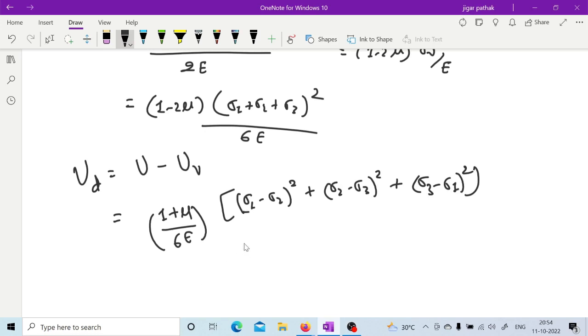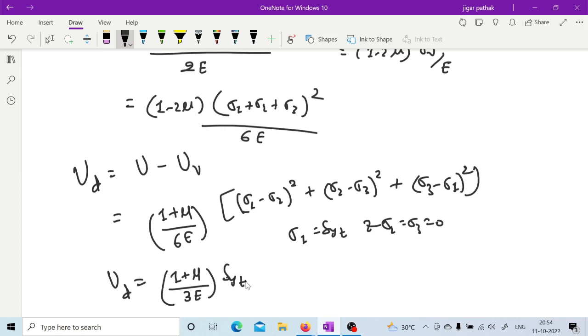Now for the simple tension test, only sigma 1 is SYT, and sigma 2 and sigma 3 are equal to 0 because it is a uniaxial tensile test. If you put these values in this equation, what you will end up with is 1 plus mu upon 3E times SYT square, right?